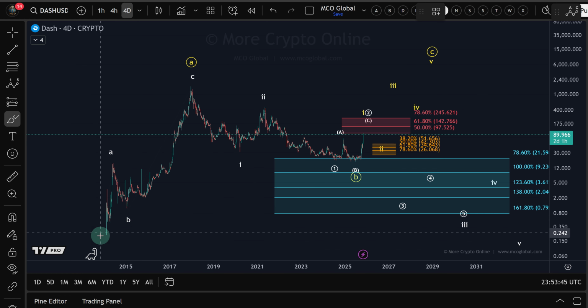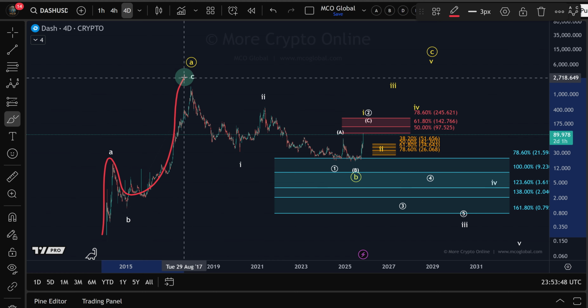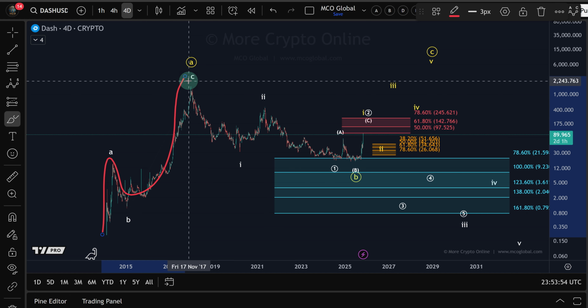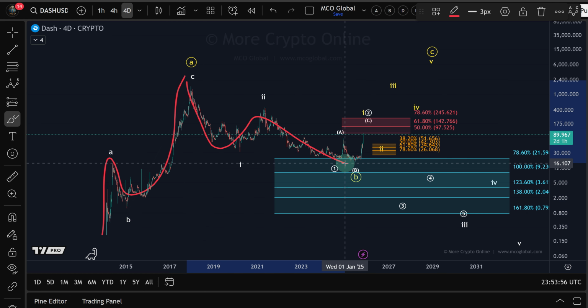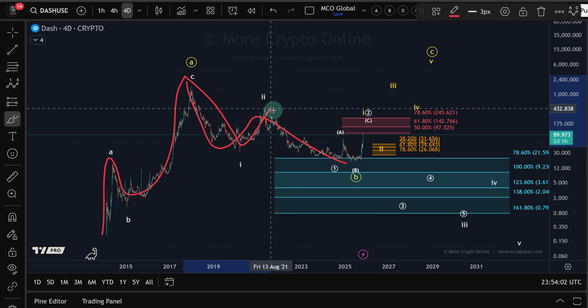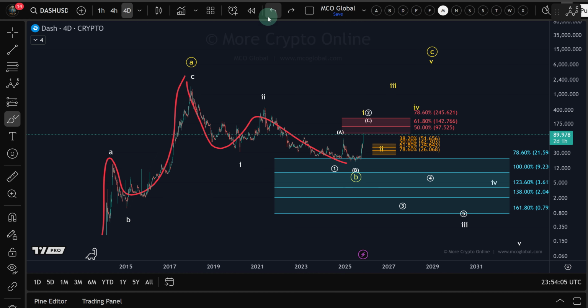Okay, so after a 3-wave move up, technically speaking, a lot of different scenarios could play out. For example, I could also say that this pullback is an ABC structure, but it didn't reach ideal targets. The 100% extension would have been an ideal ABC target. A C wave can be shorter.